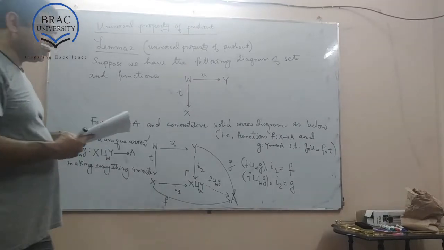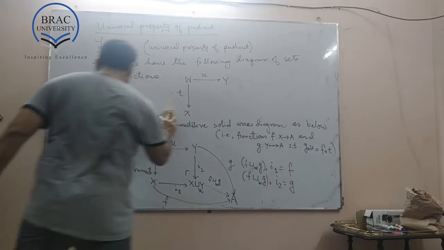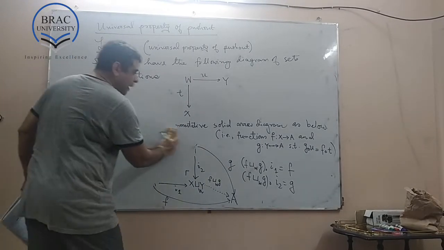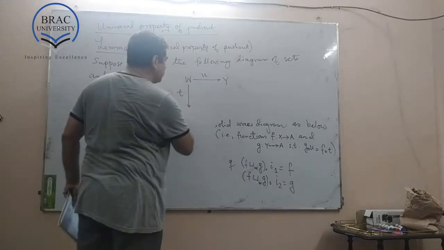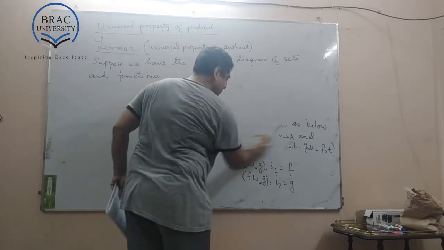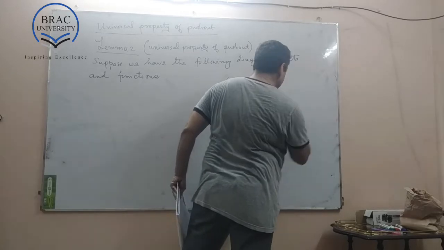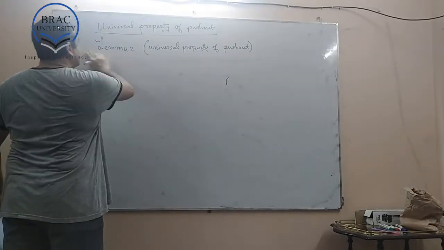So now we move into the discussion of coequalizer, which goes parallel to what we studied in the last lecture called equalizer. It's a dual notion of what we call equalizer for the category of sets.